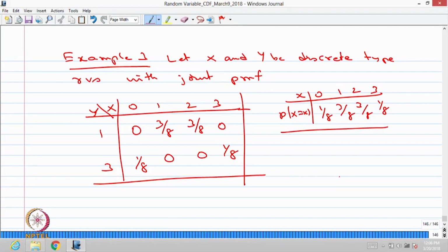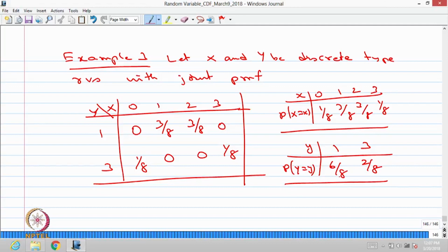So this is the probability mass function of x, and similarly the probability mass function of y: for 1 and 3, 1 takes the value 6 by 8 and 3 takes the value 2 by 8. So this is the probability mass function of y.